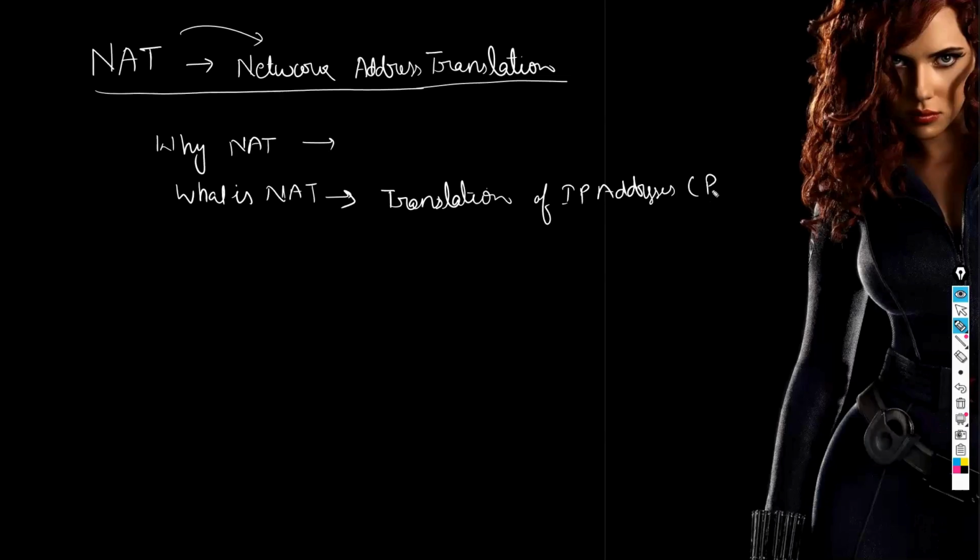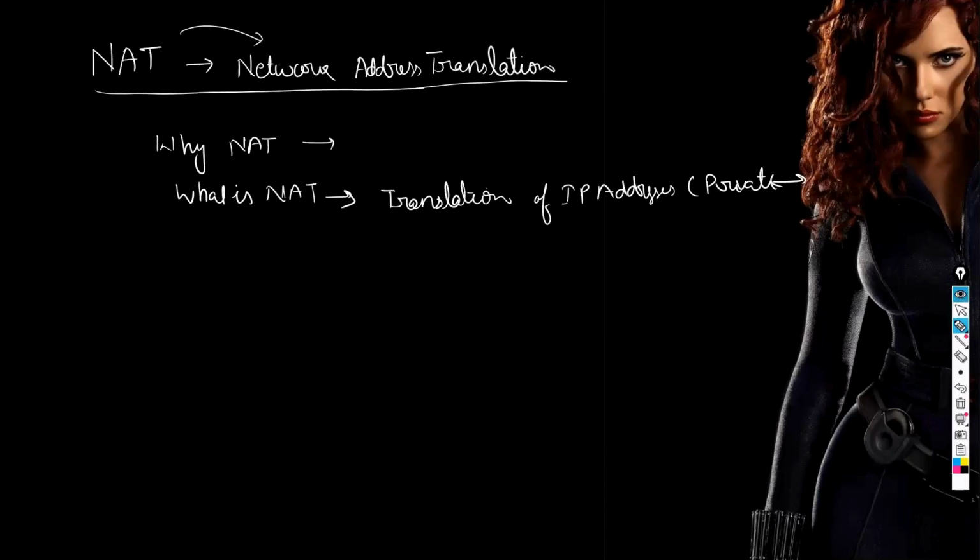So it will be like private to public and the public to private. I will also write the public. So it is a reversible direction: private to public and public to private.